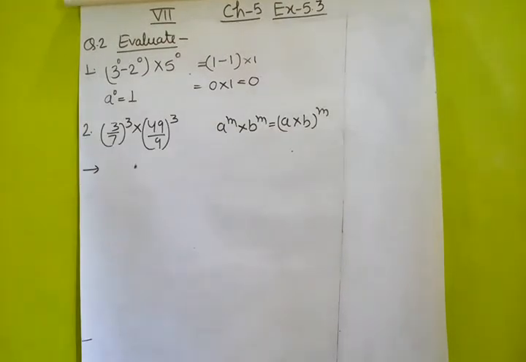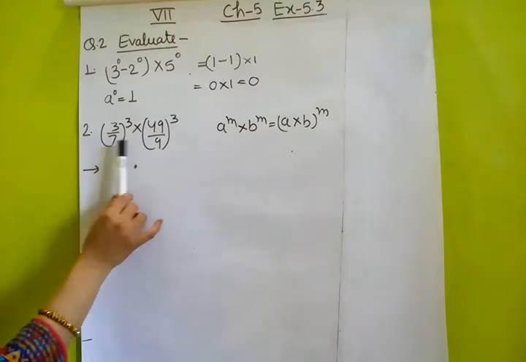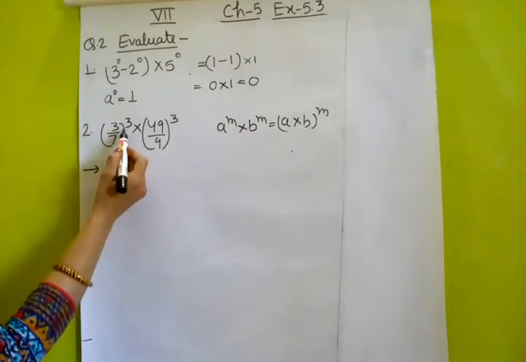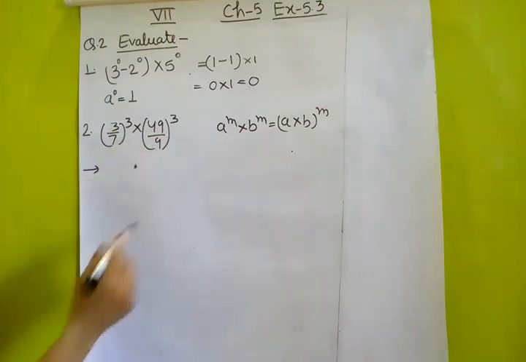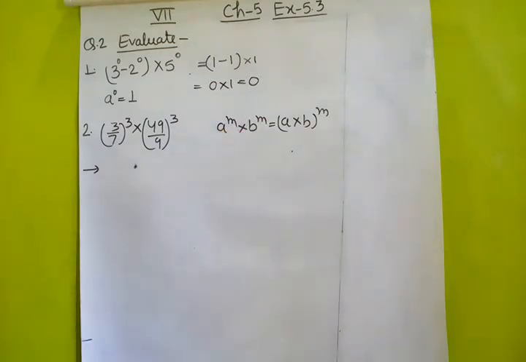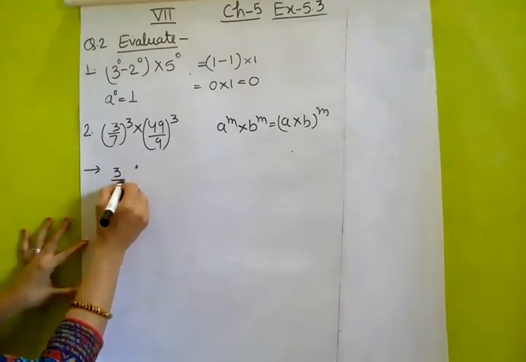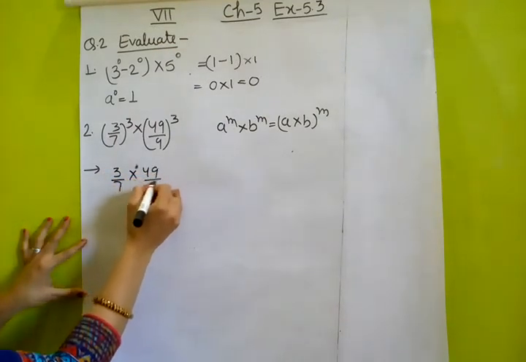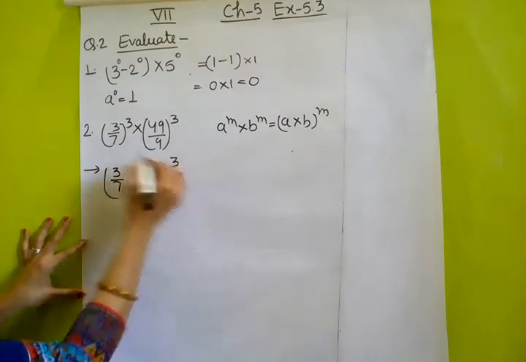In second part, students, 3 upon 7 power 3 multiply 49 upon 9 power 3. So students, here again you can see powers are same, 3 and 3, but bases are different. So you can use this law, a power m multiply b power m, a multiply b whole power m. So it will be, student, 3 upon 7 multiply 49 upon 9 whole power 3.